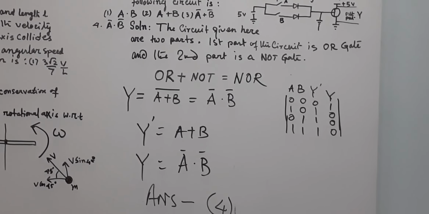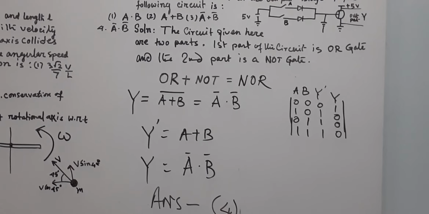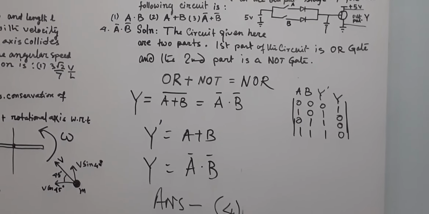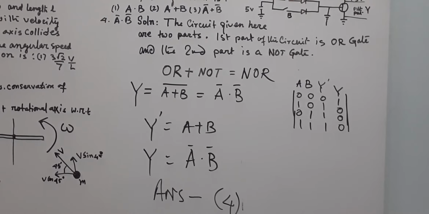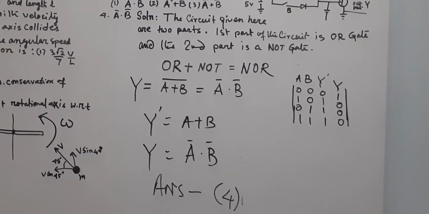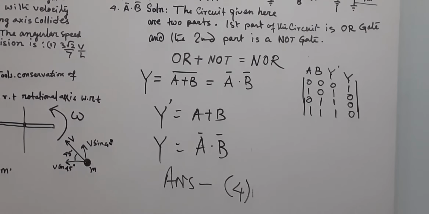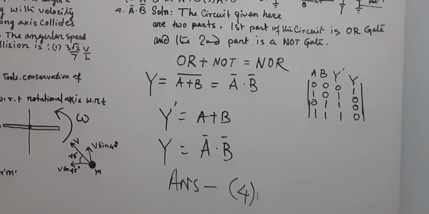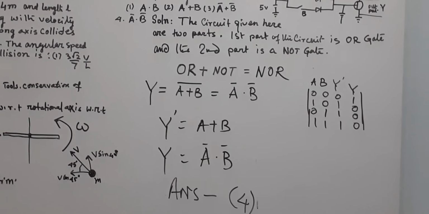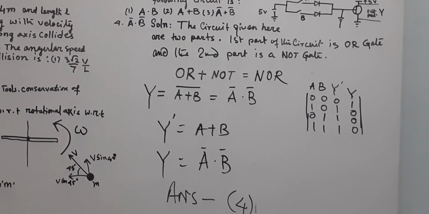Here we find that this circuit diagram is a combination of 2 circuits. The first part of the circuit is an OR gate and the second part of the circuit is a NOT gate. Combining these two, we will get a NOR gate, and we will get the output (A plus B) bar, that is A bar into B bar.